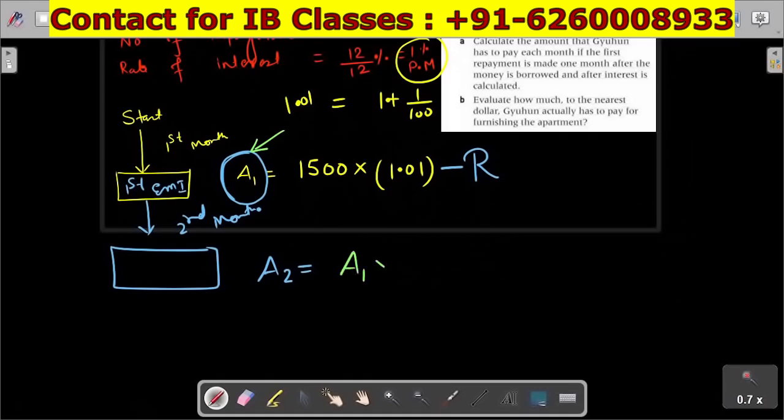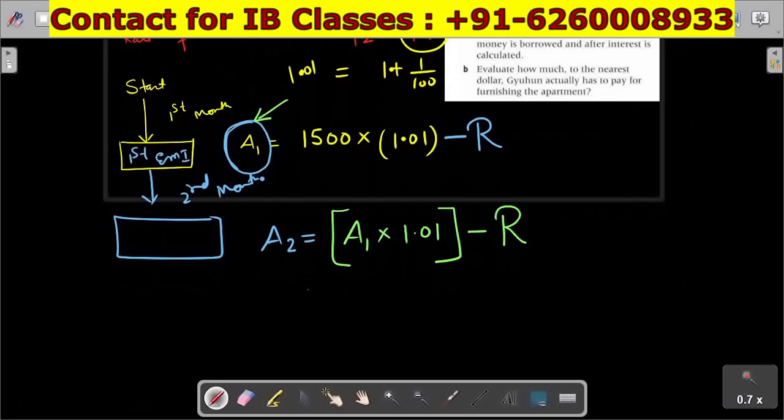A1 into 1.01 will be my total due after the first EMI. But at the second month, I will pay the second installment. So the total due after the second EMI will be this much.